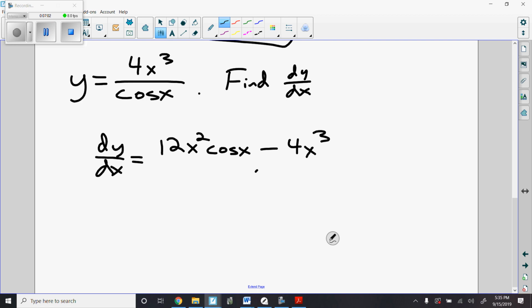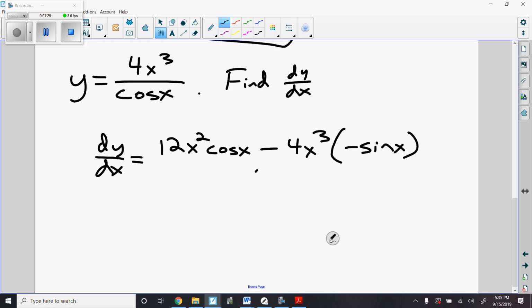Now, here's an important part. We are multiplying by negative sine x. It is really important here that you do one of two things. You either need to put parentheses to show that we're multiplying, or you can see that multiplying by a negative number here is going to change that minus sign in front of the 4x cubed to a plus.